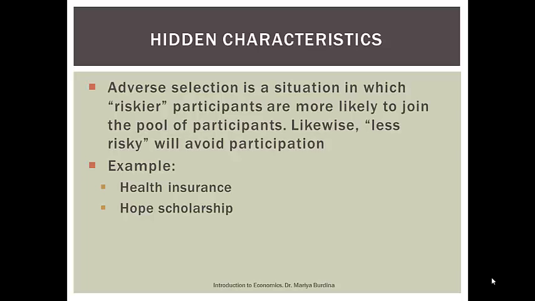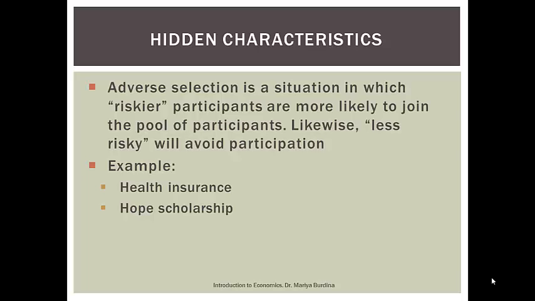As a result, some that are even slightly healthy are going to opt out. If it's cheaper for them to pay for their health problems on their own, they're not going to participate in the insurance. So this whole idea of risk sharing is going to disappear. That's why the adverse selection problem exists.